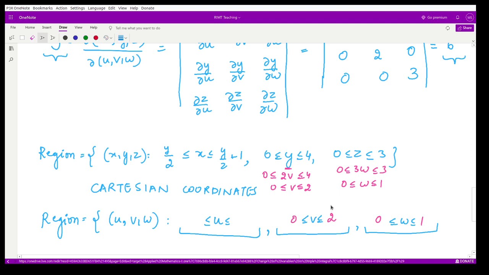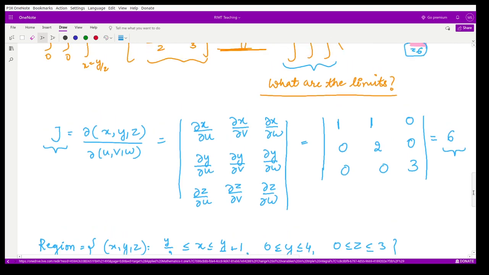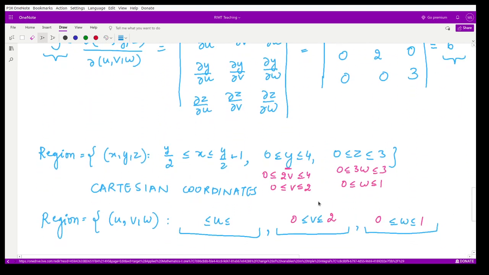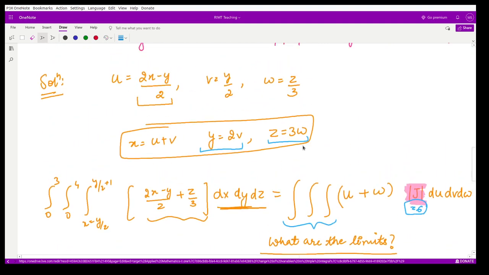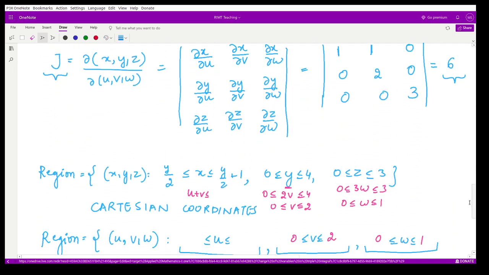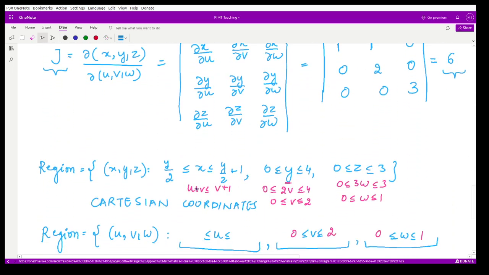Similarly, when you look at the limits for x, the expression for x is u plus v. So instead of x, you could write u plus v. And y by 2 is given to be v, using this expression. So you can write y by 2 as v, and the upper limit as v plus 1. So the v's cancel out, and we have the limits for u as lying between 0 to 1.